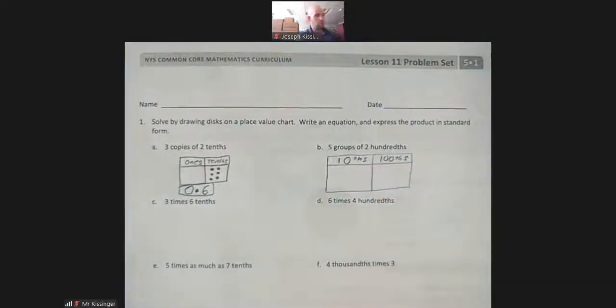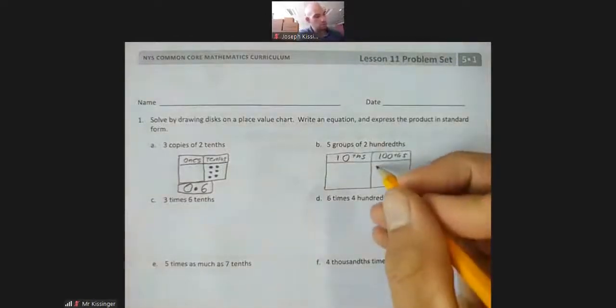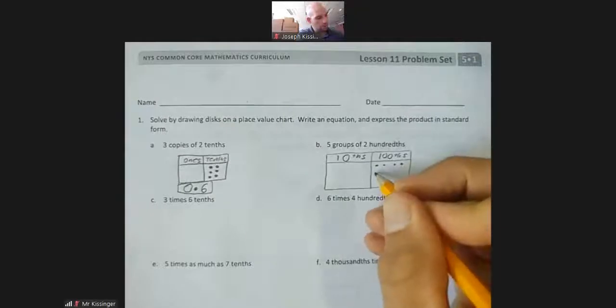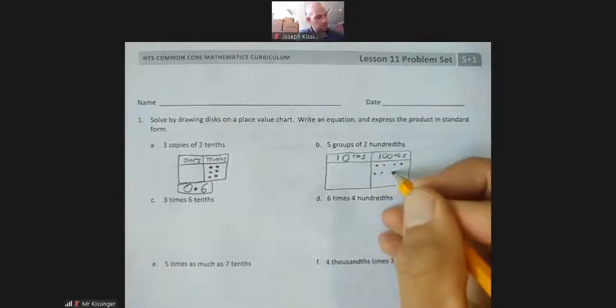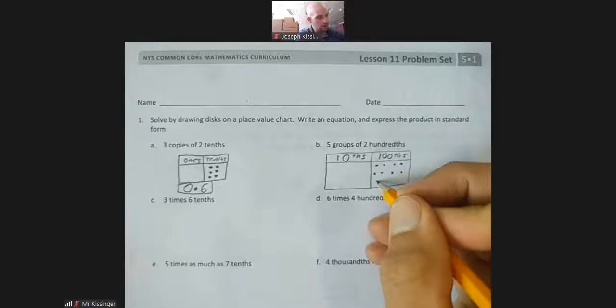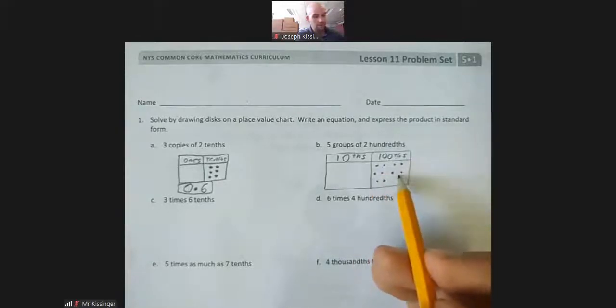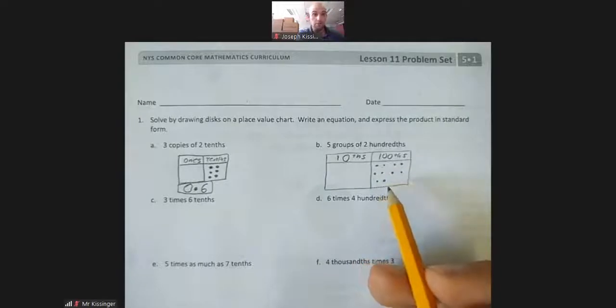So 5 groups of 2/100: 1, 2, 3, 4, 5, 6, 7, 8, 9, 10. So we have 2, 4, 6, 8, 10.